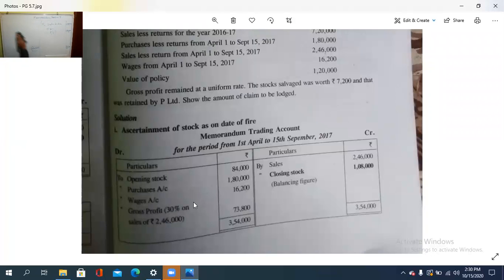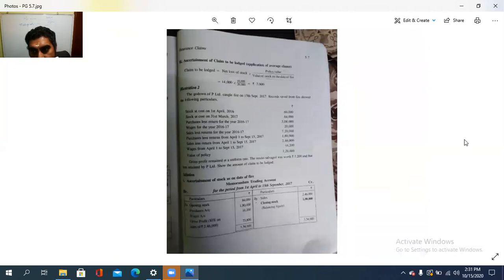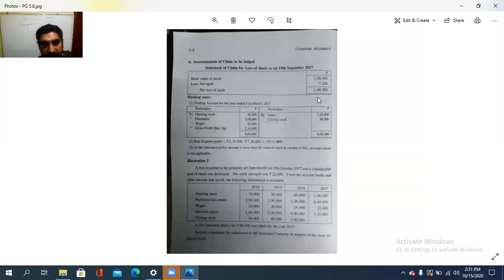Then we need to calculate the value of the net loss on stock by fire. So the gross value is how much? 1,08,000 less salvage value of stock 7,200. So 1,08,000 minus 7,200, how much is it? It is 1,00,800.